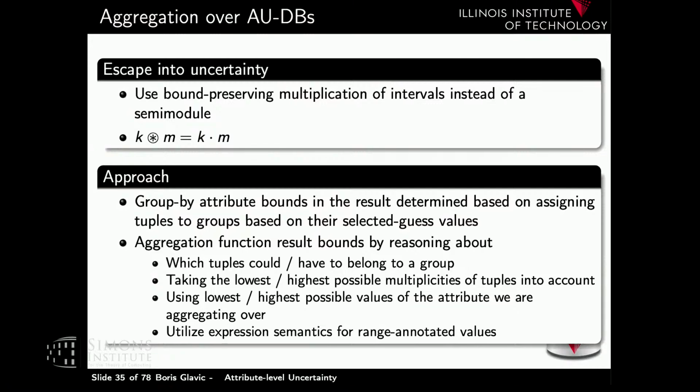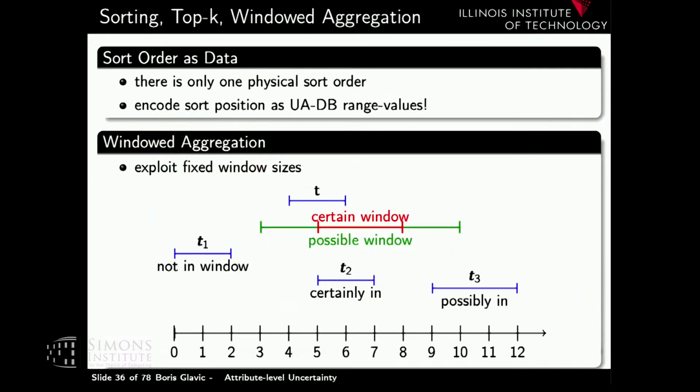And then we can do this. We have to reason about which tuples have the same group-by values. The group-by values can also now be uncertain because we also want to do aggregations on top of aggregations. So we have to reason about which tuples could belong to a group, what their lowest and largest multiplicities are, and what their smallest and largest values are. And that gives us a sound bound on the lowest and largest possible aggregation value.